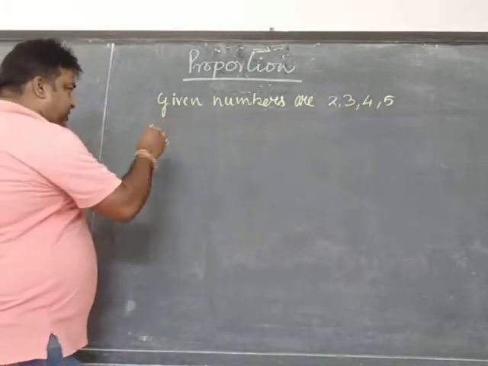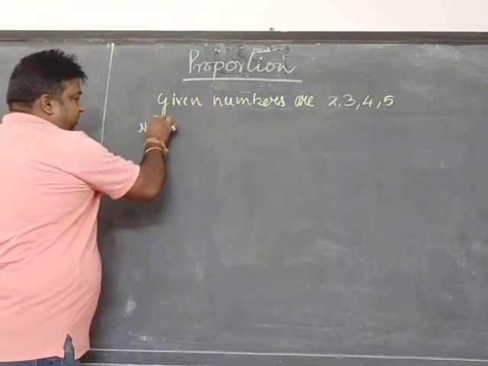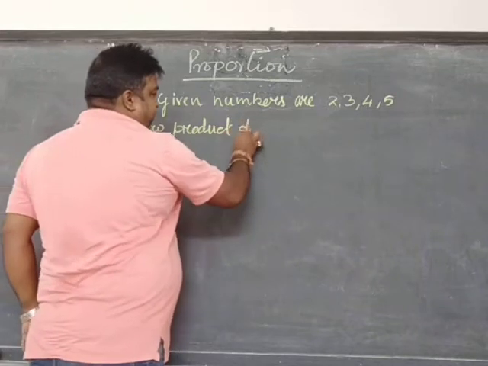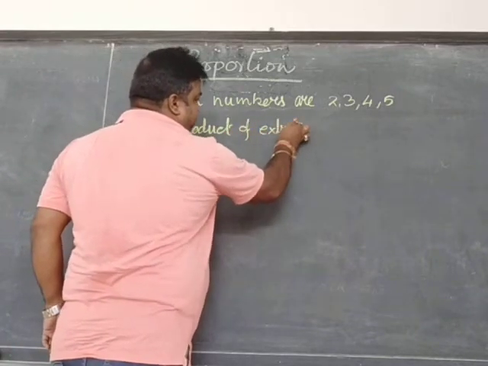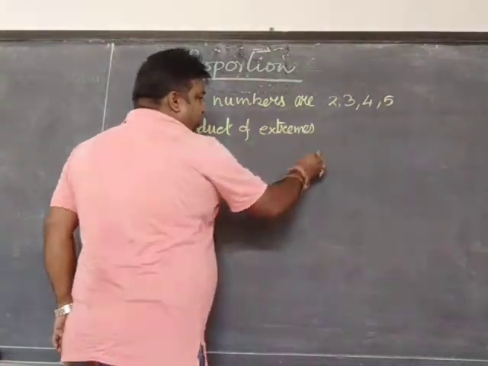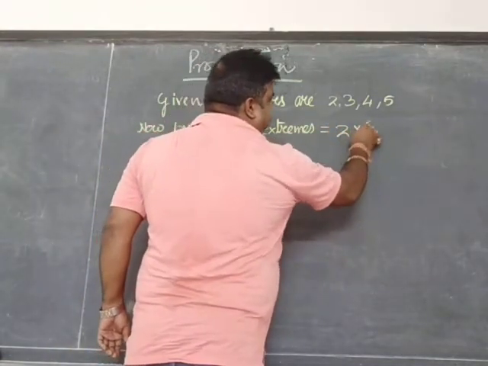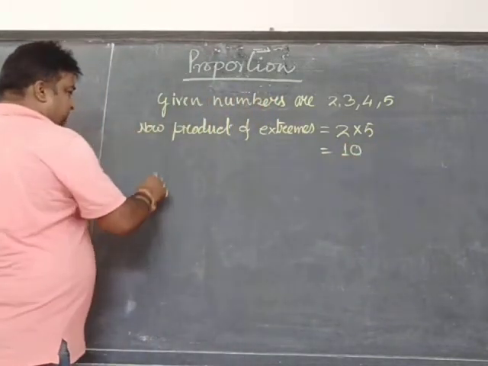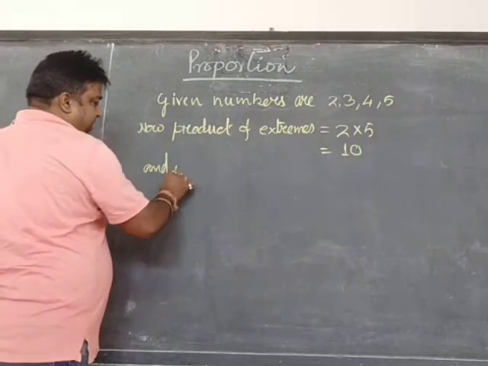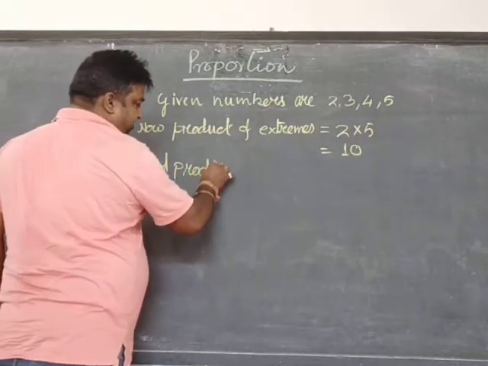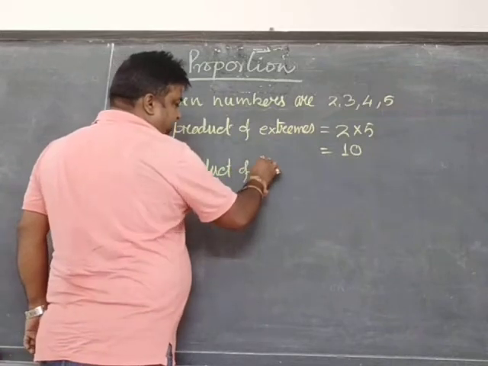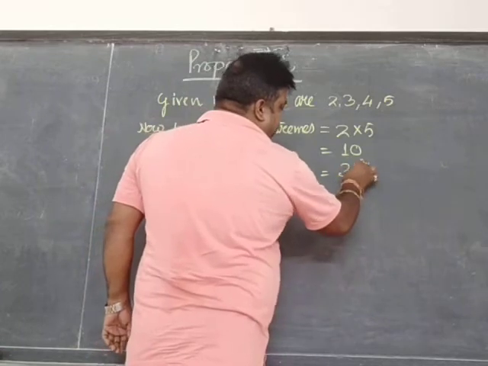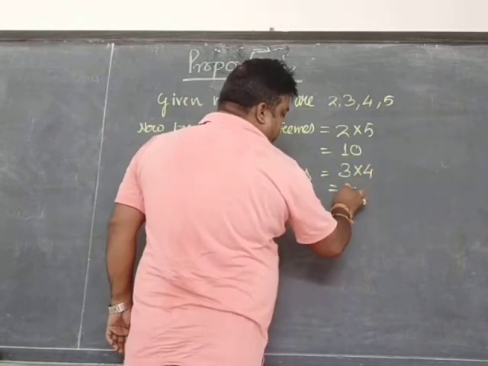Now product of extremes is equal to 2 into 5, which is equal to 10, and product of means is equal to 3 into 4, that is 12.